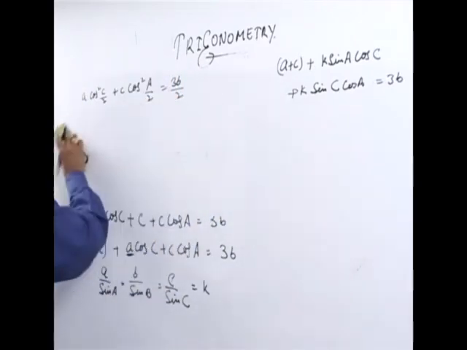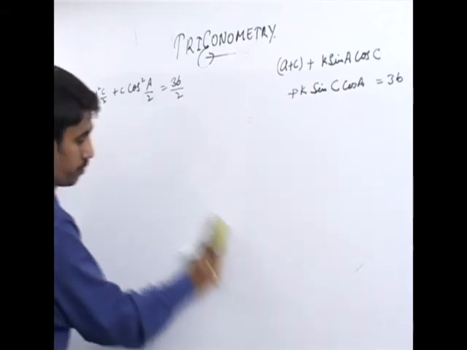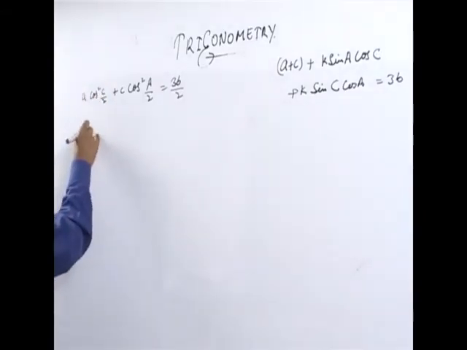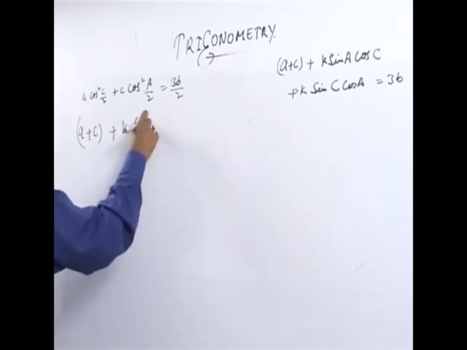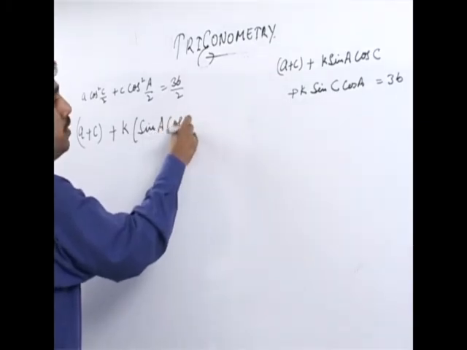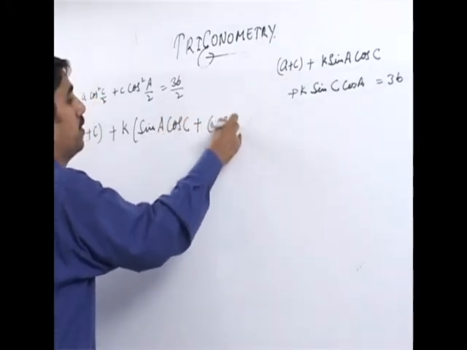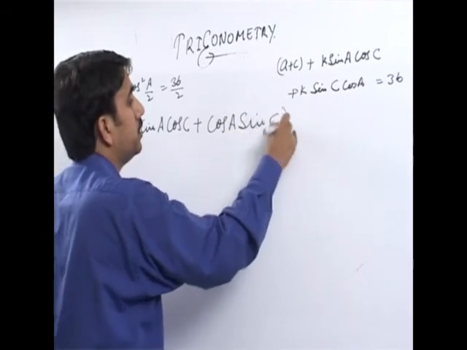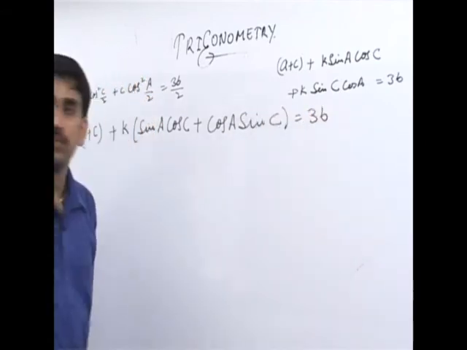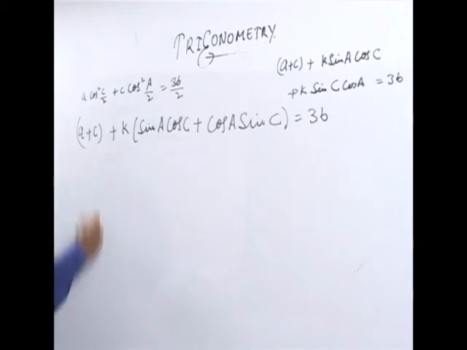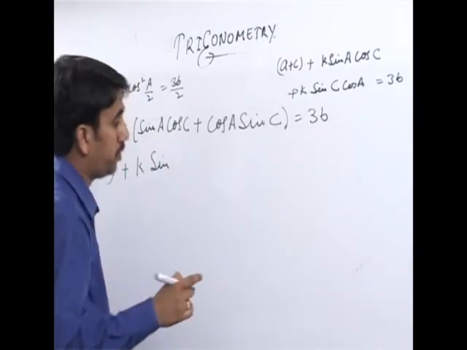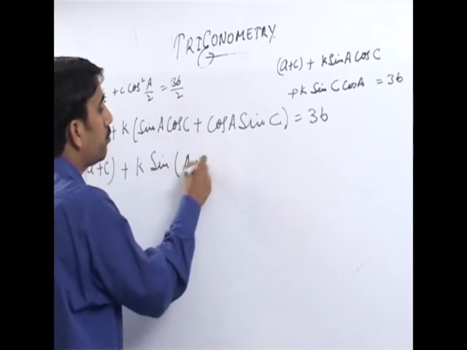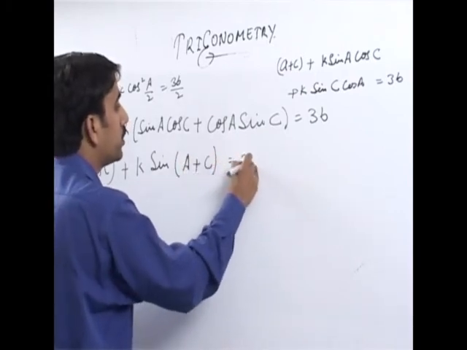From here you can write a plus c plus, taking k common, k times sine A cos C plus cos A sine C is equal to 3b. Now this is sine A cos C plus cos A sine C, so this will be sine of A plus C.